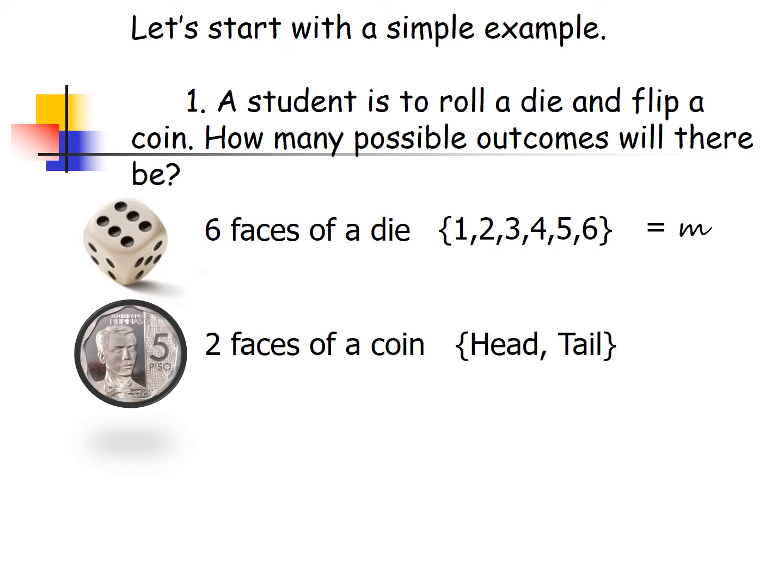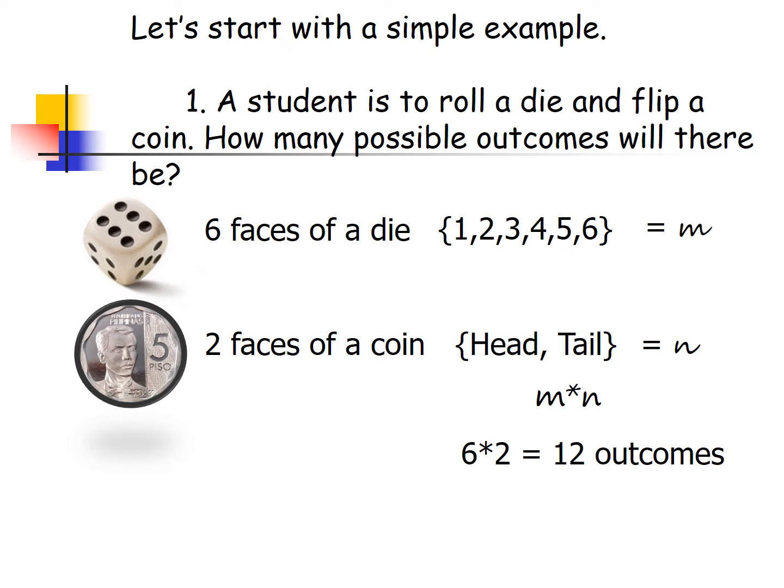Ngayon, ito yung tatawagin ko ngayong N. So, sabi nga sa FCP, it's the product of 2 or more characteristics. Kaya, ang mangyayari niyan, I will multiply M by N. Ang M ko is 6. Ang N ko ay 2. So, that means 6 times 2 is equal to 12 outcomes.